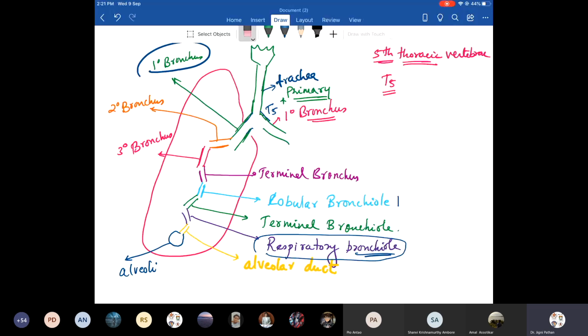Now this tree which is formed is divided into one, the bronchial tree, and the other, the respiratory tree.